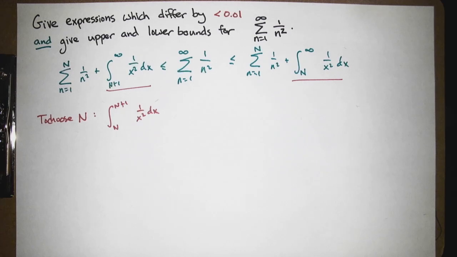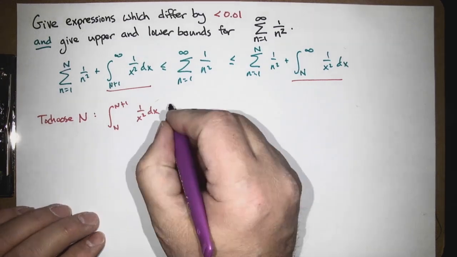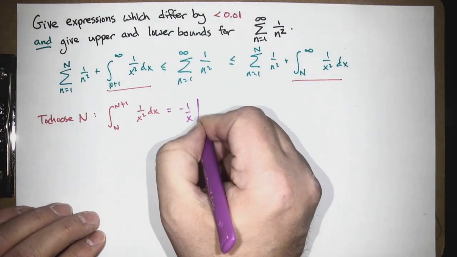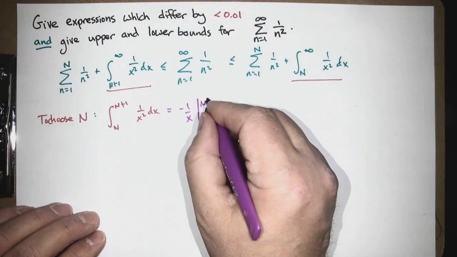So x to the negative 2, you add negative 2 plus 1, you get negative 1, and so it'll be negative 1 over x. Evaluate this from N to N plus 1.